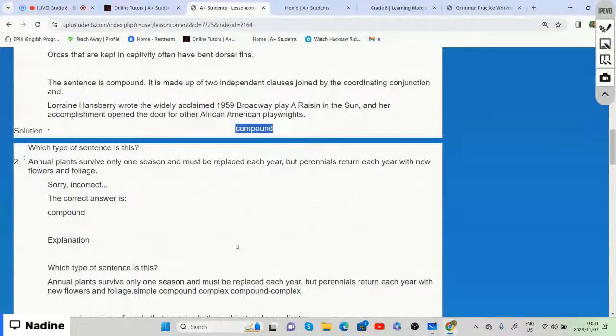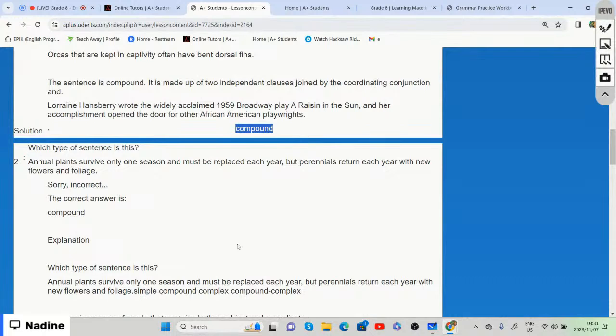So which type of sentence is this? Annual plants survive only one season and must be replaced each year. But perennials return each year with new flowers and foliage.